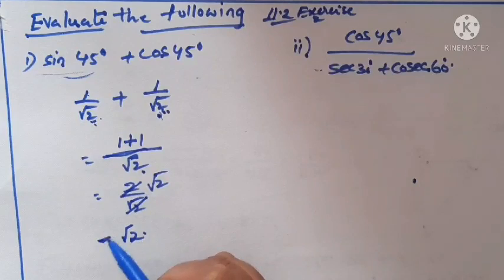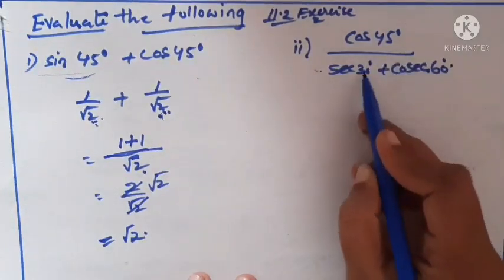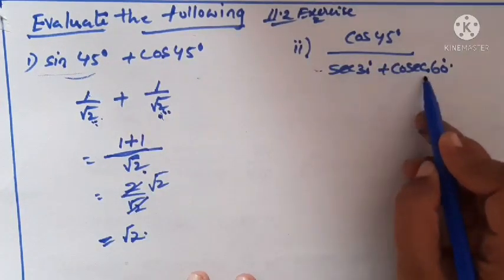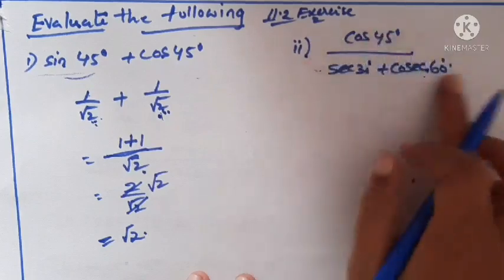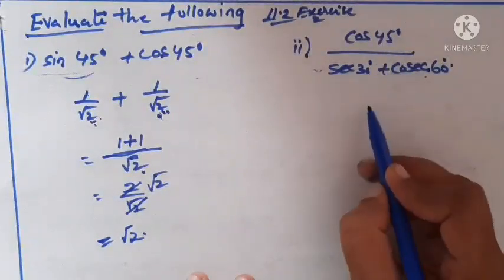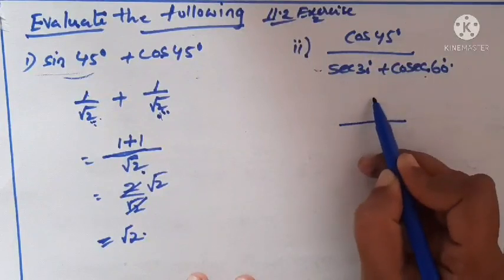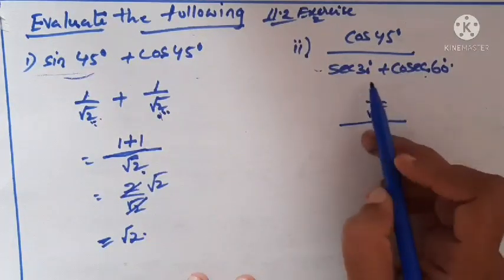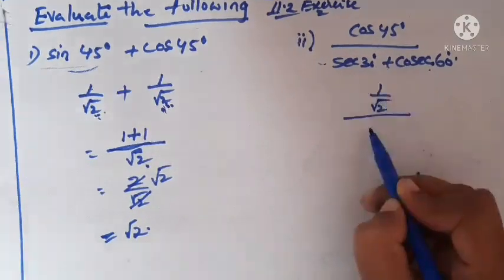So the answer is root 2. Next, cos 45 degrees by sec 30 degrees plus cosec 60 degrees is the given problem. First write cos 45 degrees, how much? 1 by root 2. And sec 30 degrees, how much? 2 by root 3.